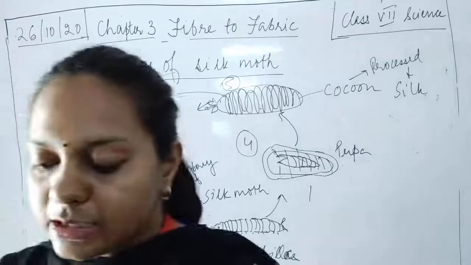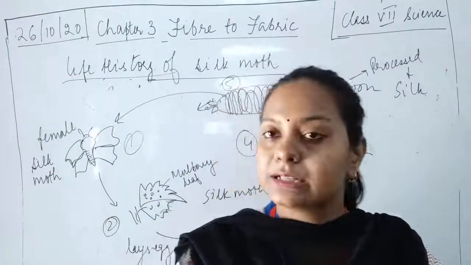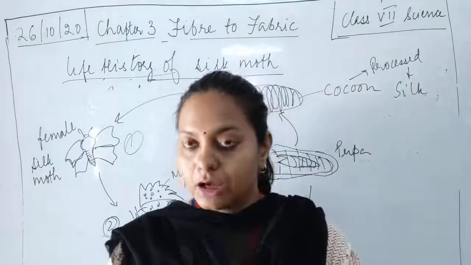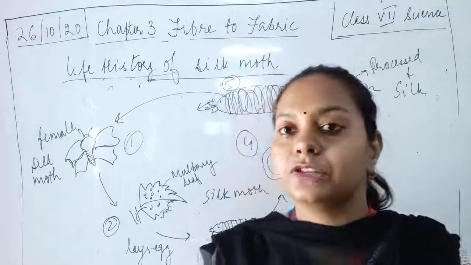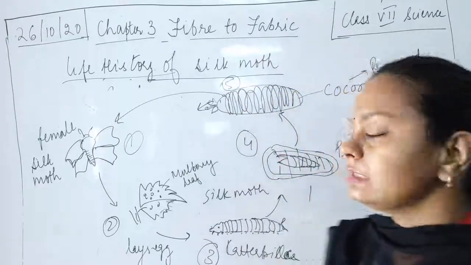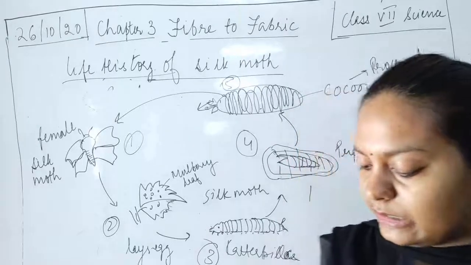So the female silk moth lays eggs, from which hatch larvae called caterpillars, or silkworms. They grow in size. When the caterpillar is ready to enter the next stage of life history, the pupa stage, it first weaves a net to hold around it.